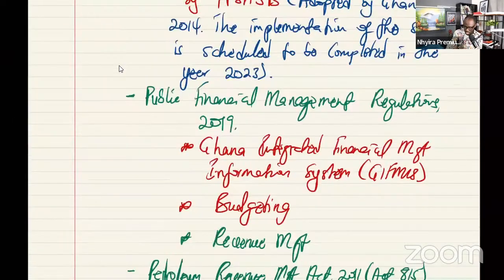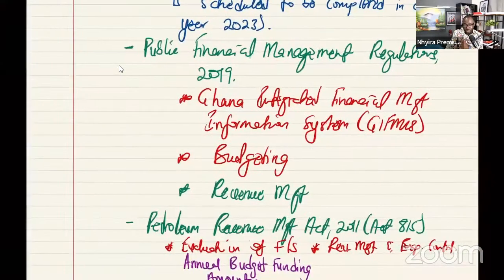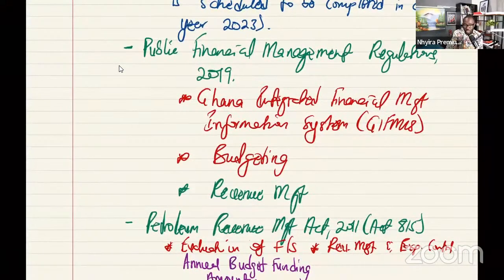This one will help us in topics such as the GIFMIS, that is the Ghana Integrated Financial Management Information System, and budgeting. There are some references that have to be made to the Public Financial Management Regulations 2019. Then when it comes to revenue management as well, we will make references to the Public Financial Management Regulations 2019.